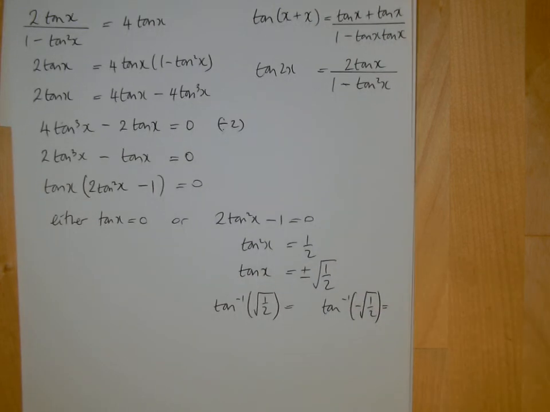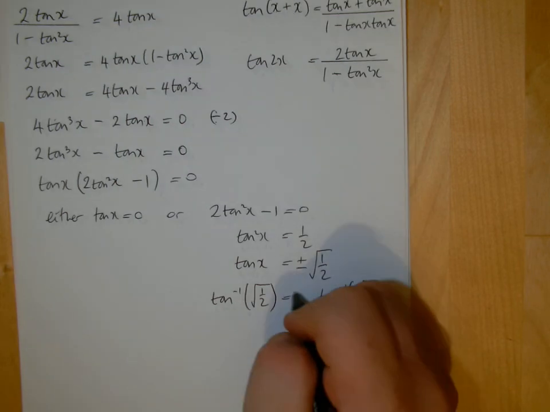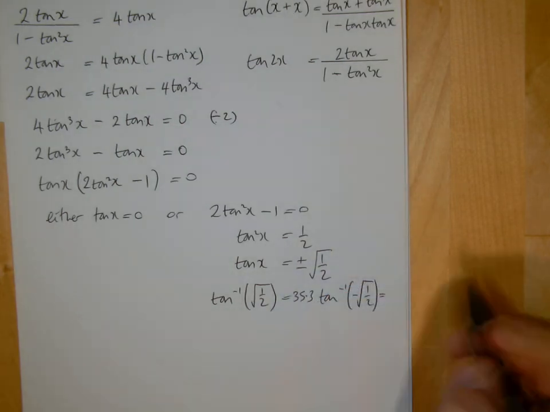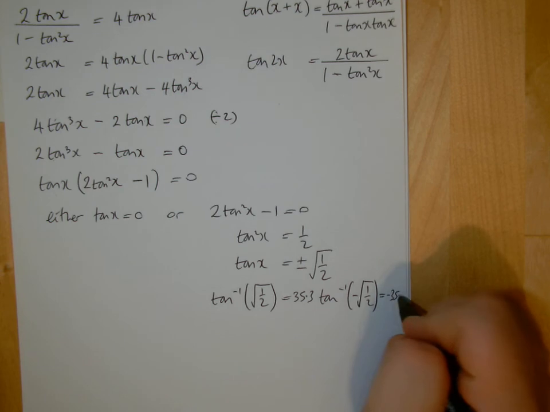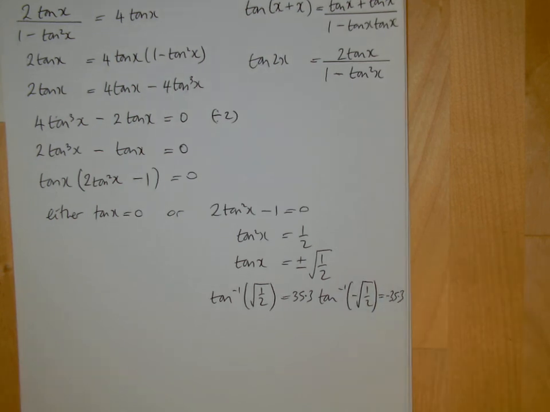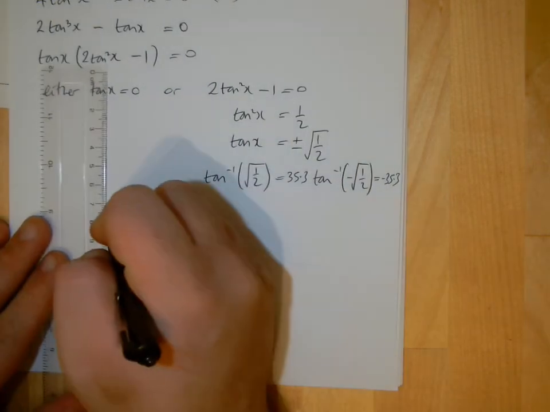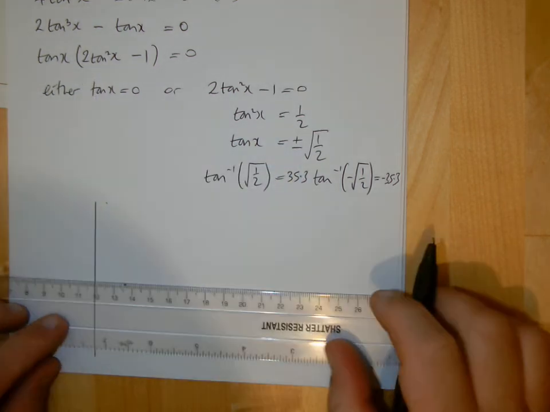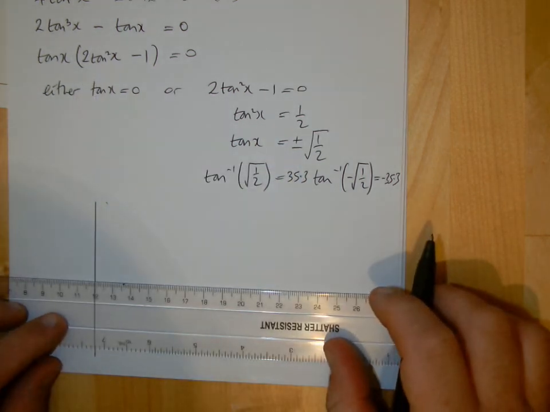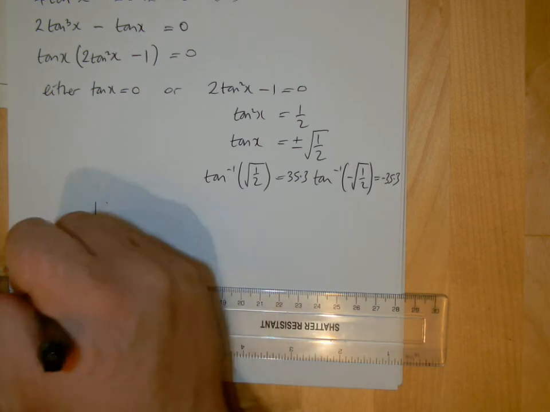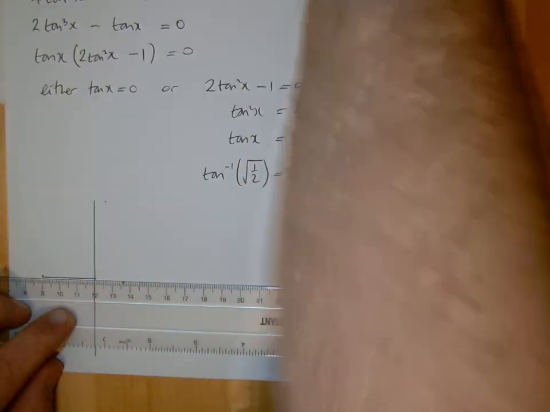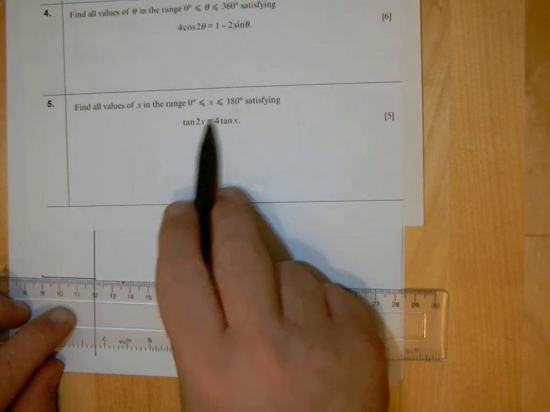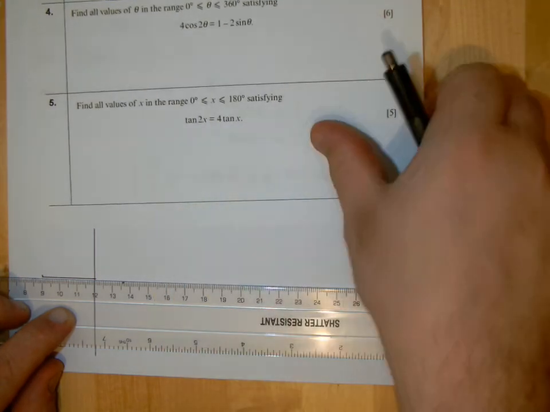If you look at that on your calculator, you'll notice one of them is positive 35.3, the other one is negative 35.3. That's just the symmetry that you're going to see when we draw the graph. So let's draw the graph of tan. The other thing you need to be conscious of is that in this question, it says they only want the range of results between 0 and 180.